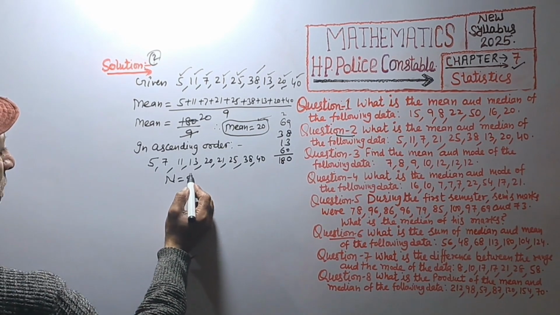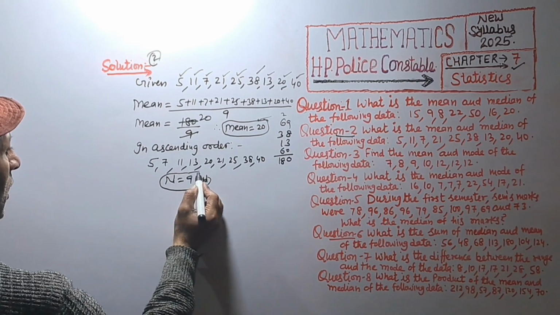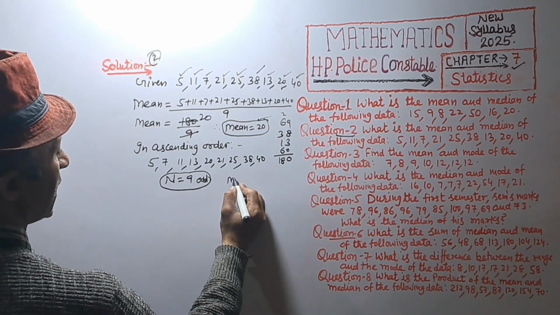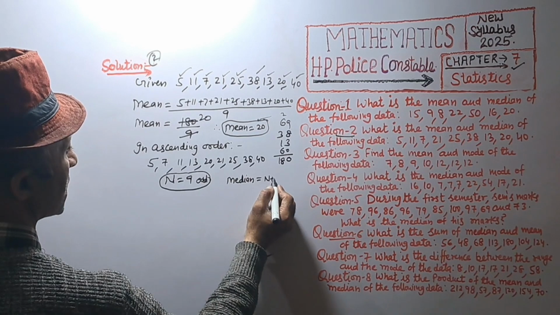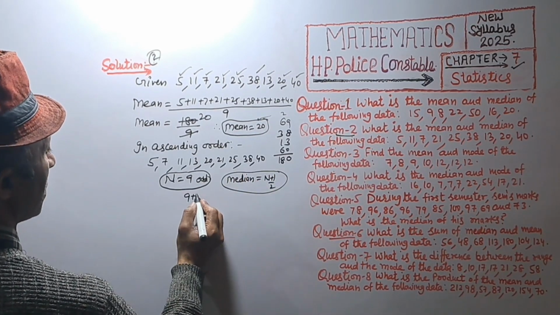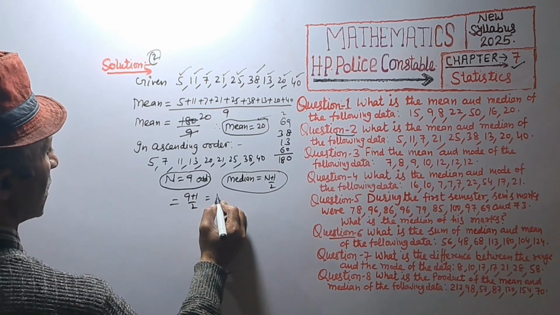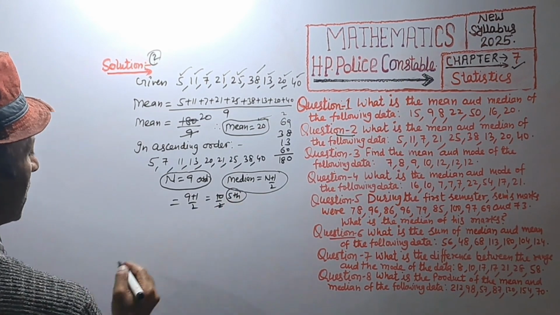If n is equal to 9, which is an odd number, so median equal to n plus 1 upon 2. That is 9 plus 1 upon 2 equal to 10 upon 2. Fifth number.